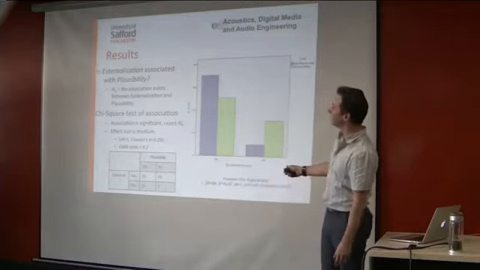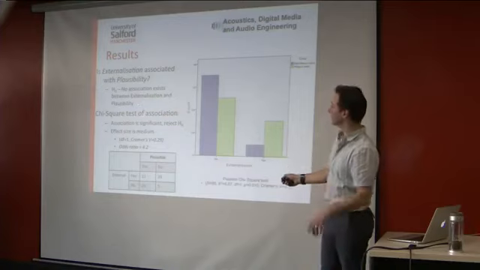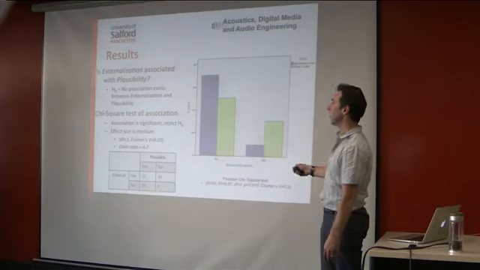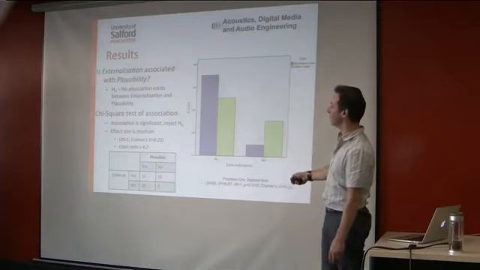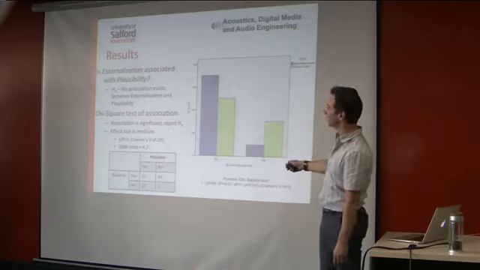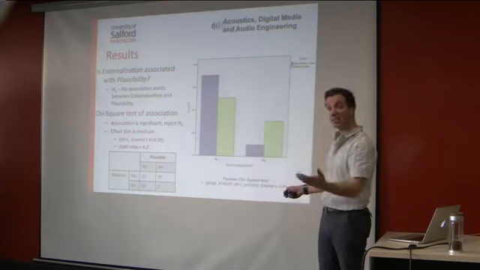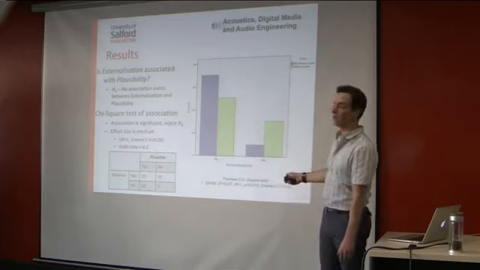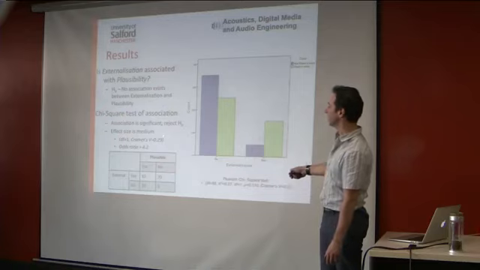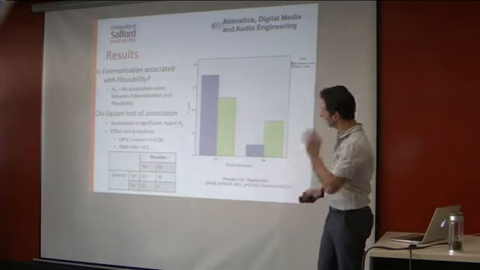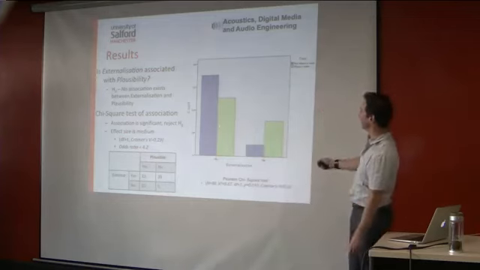The null hypothesis in this case is that no association exists between externalization and plausibility. And what we found when we looked at the data is that we can reject the null hypothesis. The association between externalization and plausibility is significant, and more than that, we've measured a medium effect size. So that's this number here, the Cramér's V, of 0.29, which is considered a medium effect size. So fair enough, and we can see the data here.